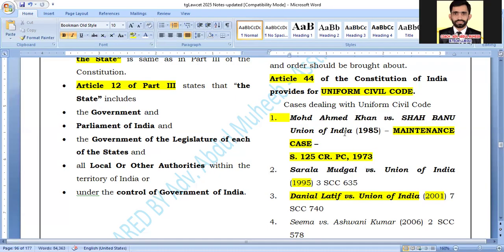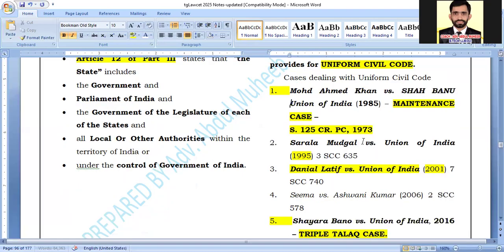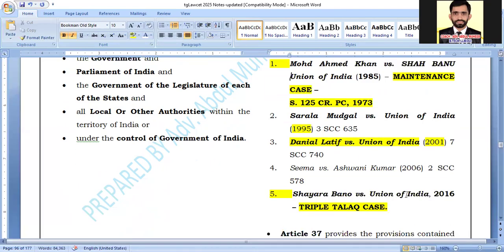Muhammad Ahmad Khan versus Shah Bano, that is the maintenance case, 1985. Shayara Bano means the triple talaq case. Please remember this.